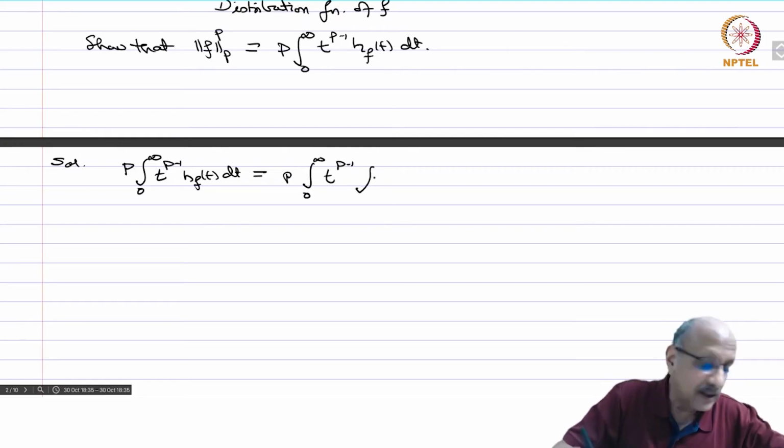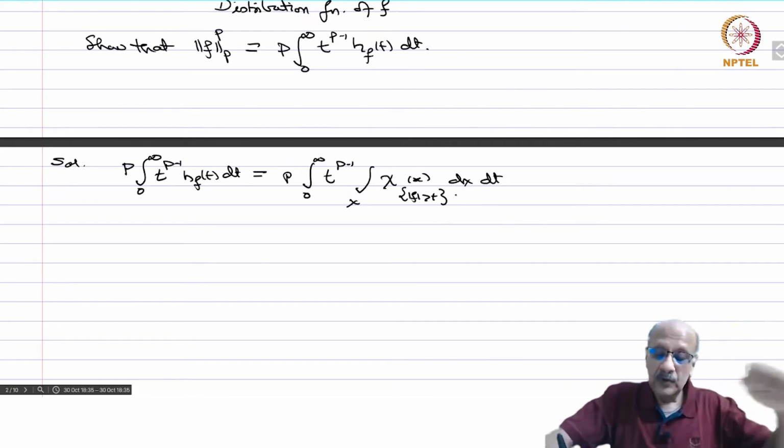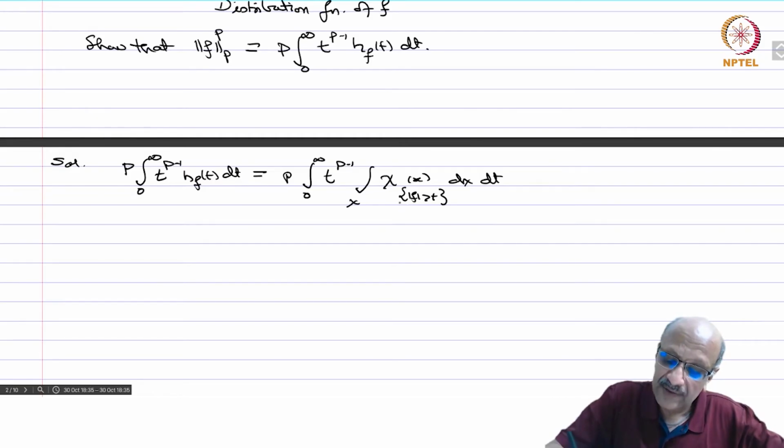So you can write the integral over X of the characteristic function of {|f| > t} at x, dμ(x), dt. The integral over X is nothing but the measure; the integral of a characteristic function gives you the measure of the set, so this is precisely what you have as h_f(t). Now everything is non-negative, so we can interchange the order of integration without bothering about anything. So this is equal to p times the integral over X and now the integral over t, dt dμ(x).